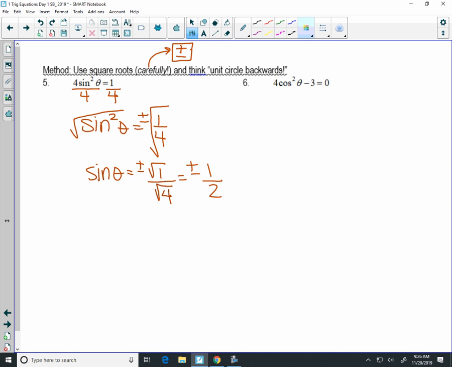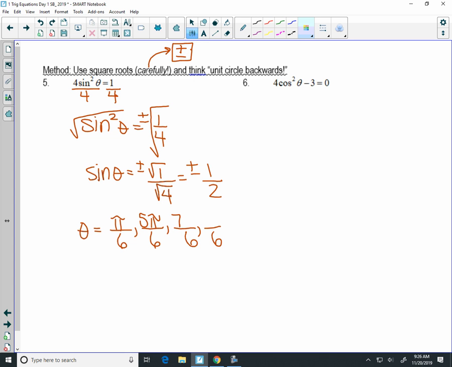And sine is 1/2. What are my denominators going to be? Yeah, 6. And we want all 4 of them. So first quadrant is pi over 6. Second quadrant is 5 pi over 6.